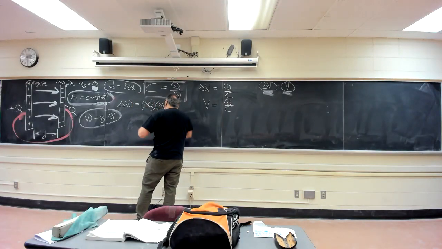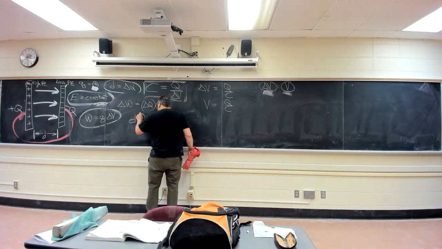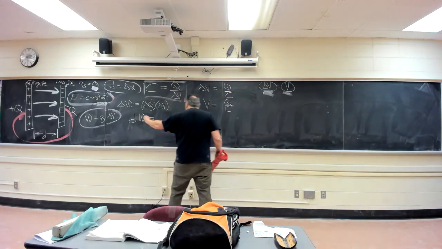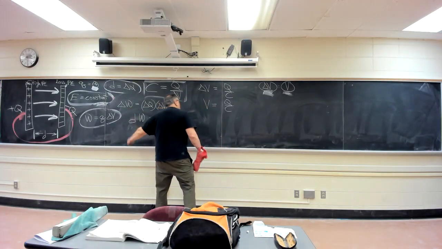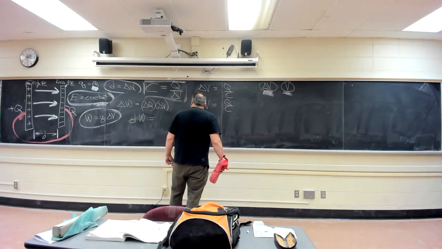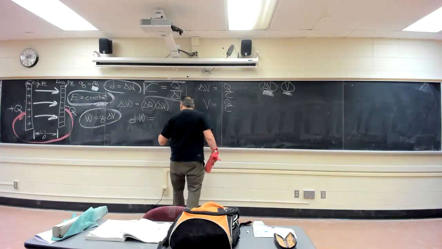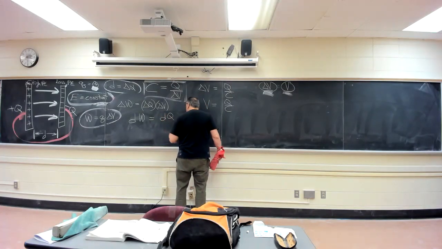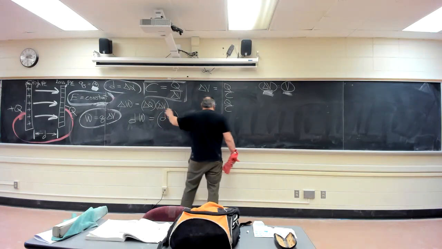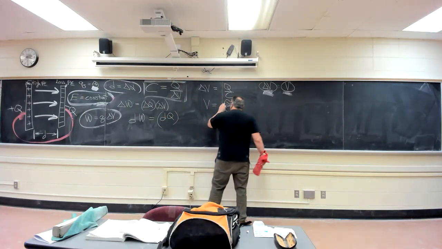You don't have to know this argument, but kind of know the result, you guys. A differential amount of work that you would do, it's like a delta W, but it's more the calculus language on that. And you've got a change in Q, which we'll call delta capital Q, and the potential difference, and that varies.